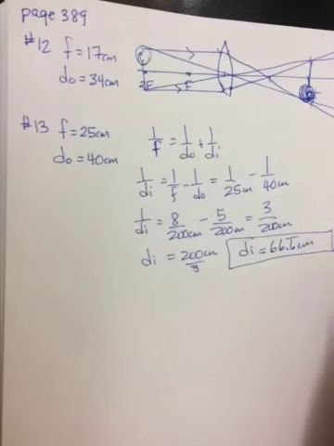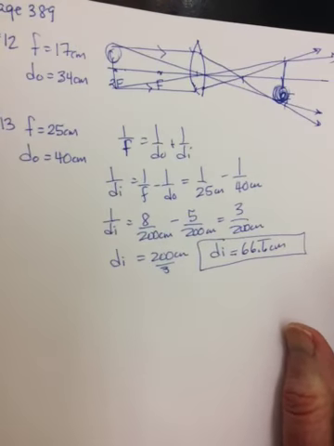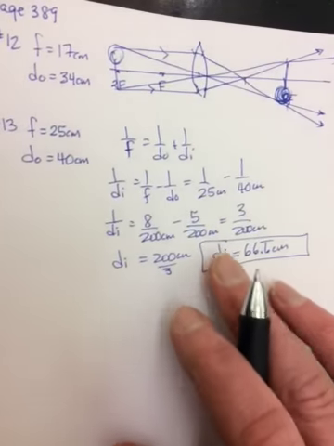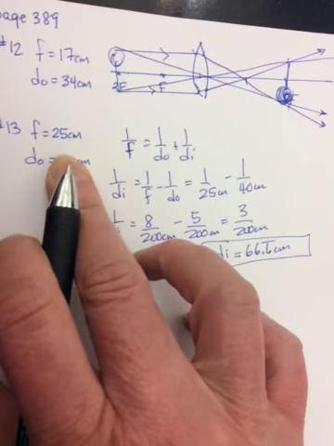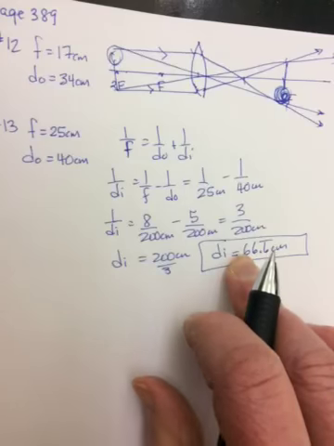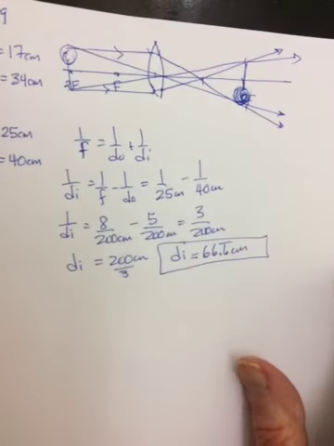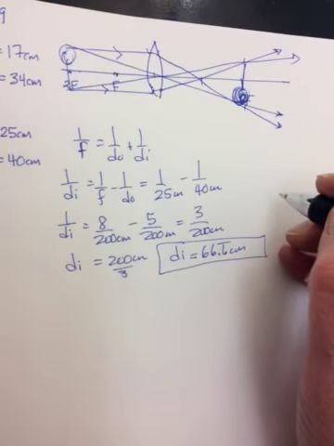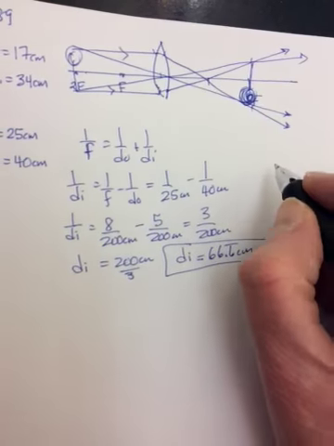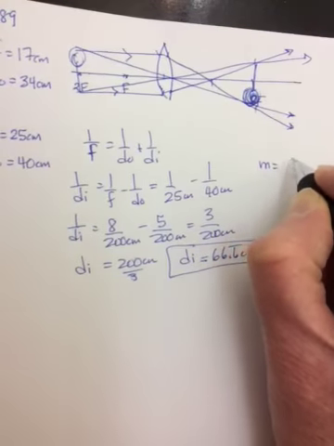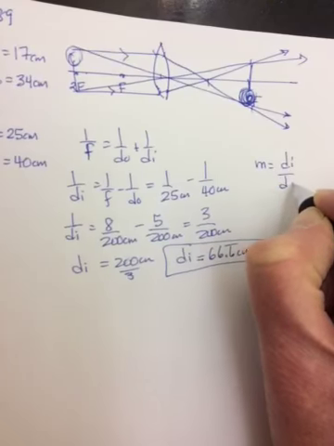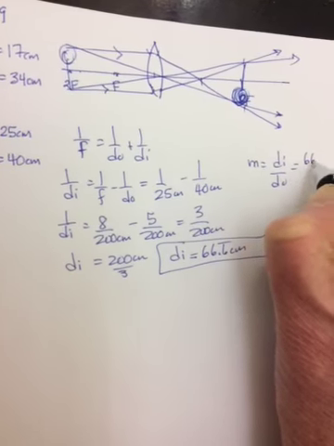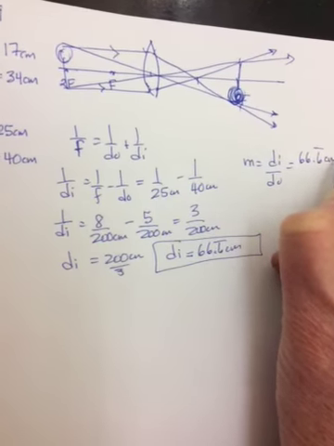Number 13 has a part B that says the machine was adjusted to give an enlarged object. And it's true, when the object is between F and 2F, the image is beyond 2F and bigger. Okay, how much larger will the copy be? So it's looking for magnification, DI over DO. DI, 66.6 repeating.